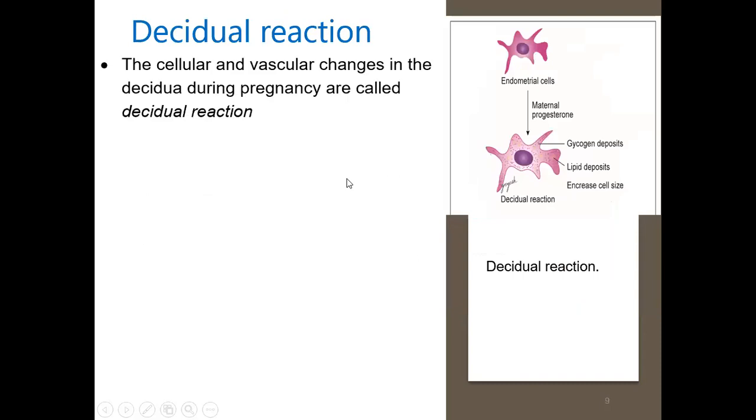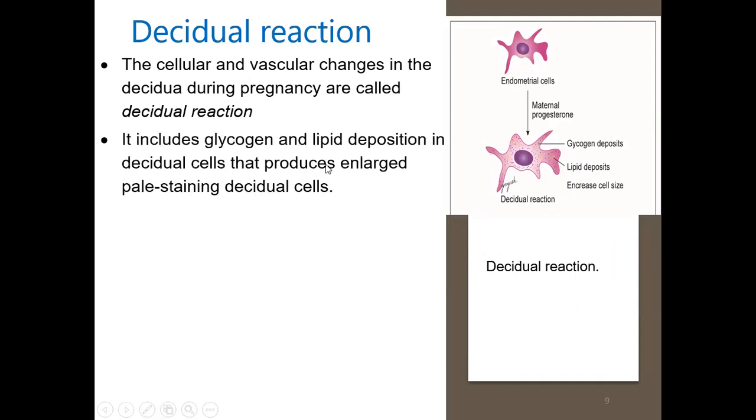Now, what is the decidual reaction? Whenever there is implantation or embedding going on, there are certain cellular and vascular changes in the decidua during pregnancy, and that is known as decidual reaction. The endometrial cells, under the influence of the maternal progesterone, which is being secreted by the developing placenta, get overladen by glycogen and lipid deposits.